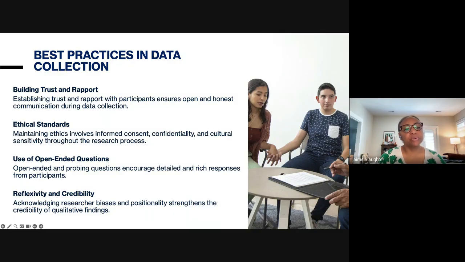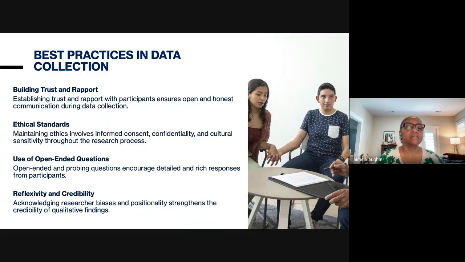Also, it's really important to have a protocol that ensures that you're conducting the research ethically. Even with qualitative data, you want to make sure you involve informed consent from the participant, that you ensure confidentiality, and that you conduct the research in a way that promotes cultural sensitivity.